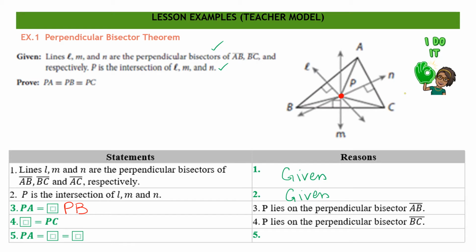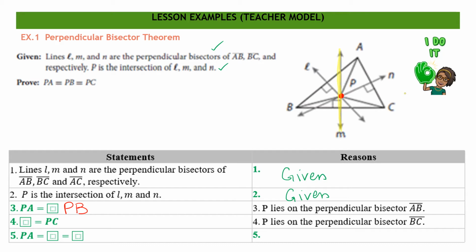Once again, we have P as our circumcenter, or our point that's on the perpendicular bisector, and we're looking at side BC. The perpendicular bisector of side BC would be line M. Line M is here, and P is on that perpendicular bisector.